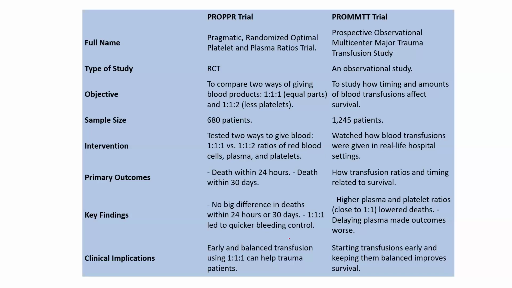So usually we think about transfusion mostly in the first 24-hour period, right? So even though there was no big difference in the overall mortality rates, hemostasis was better achieved with the lower ratio. So that is one conclusion we have from the PROPPR trial.